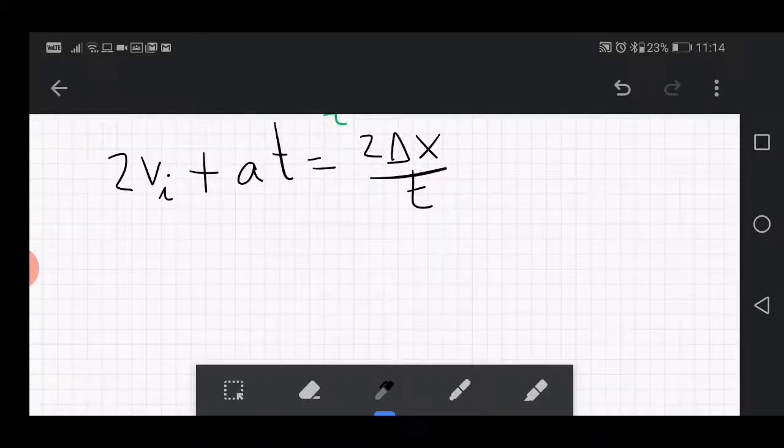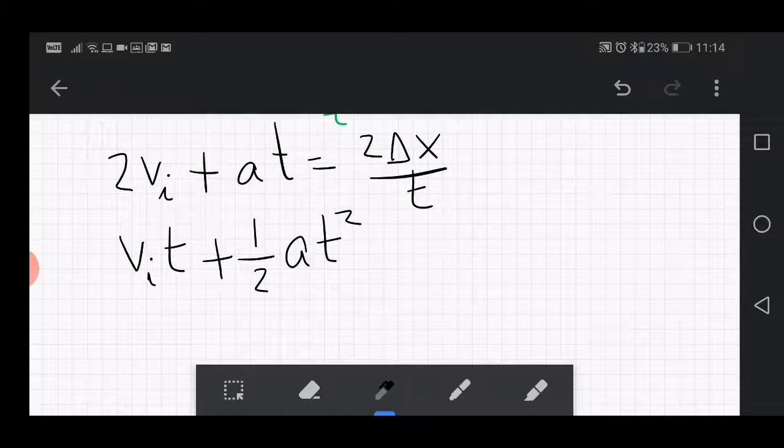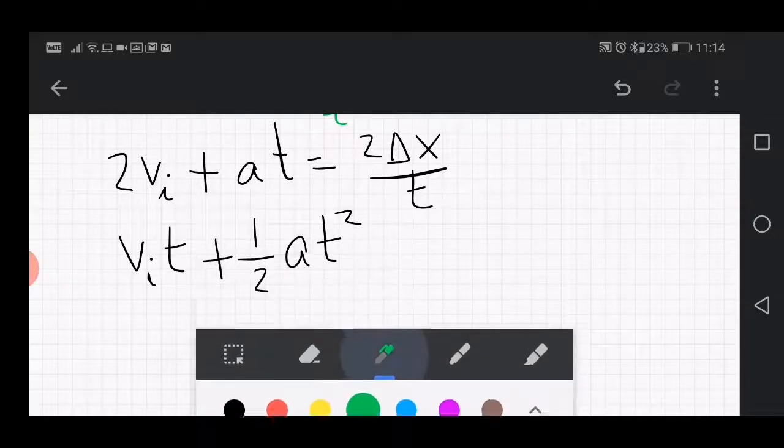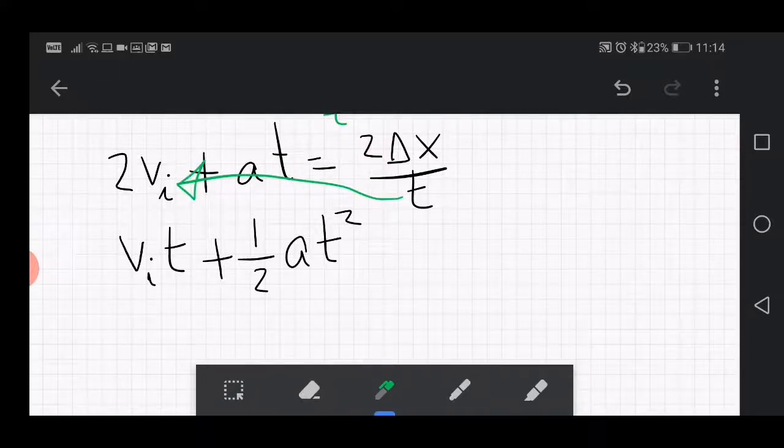And now divide by 2, multiply times the time: initial velocity times time plus 1/2, remember that you're dividing by 2, acceleration times time squared. You are multiplying the time on both terms, times vi times t. And so that's equal to the displacement.